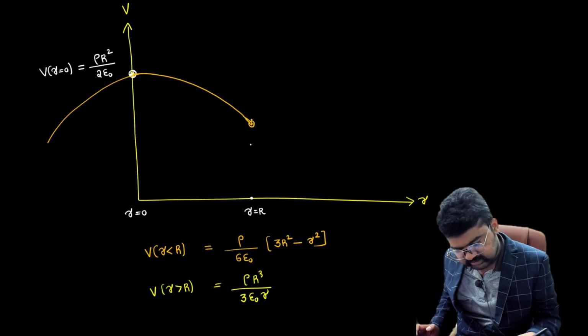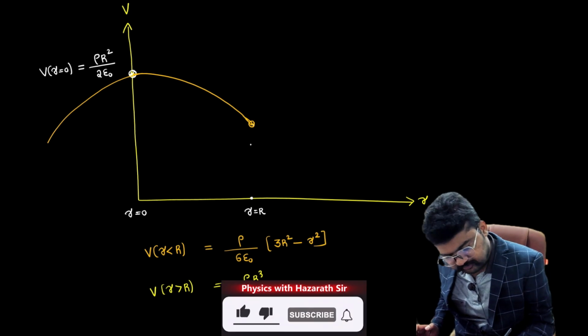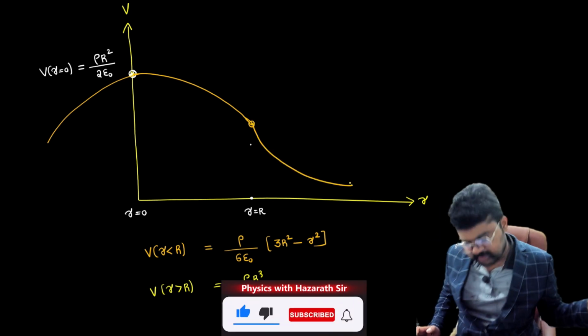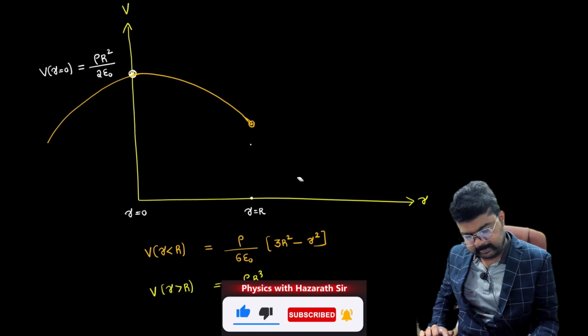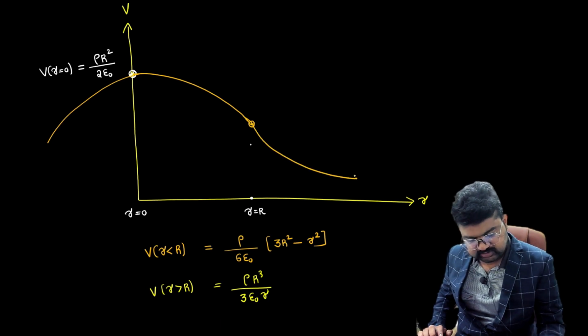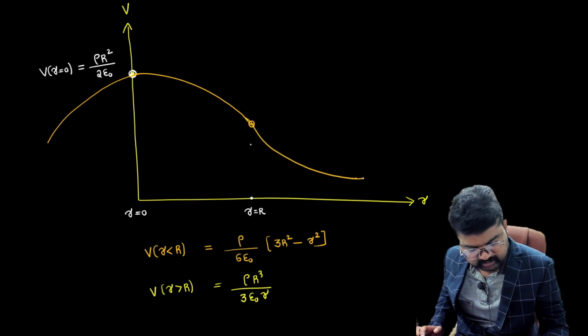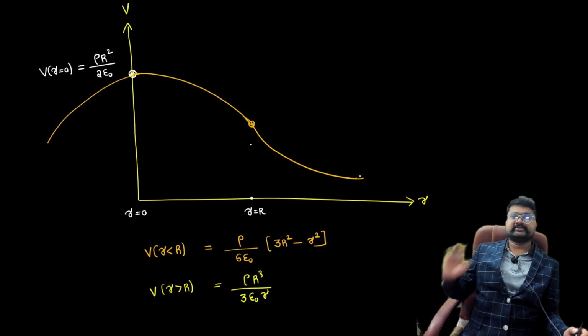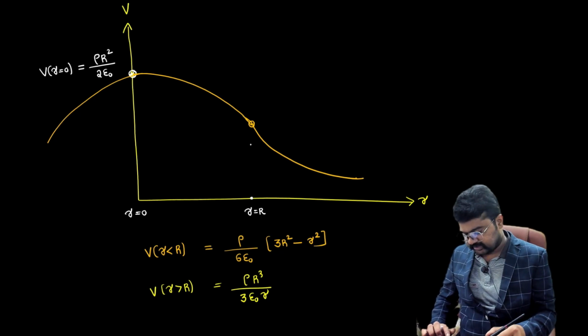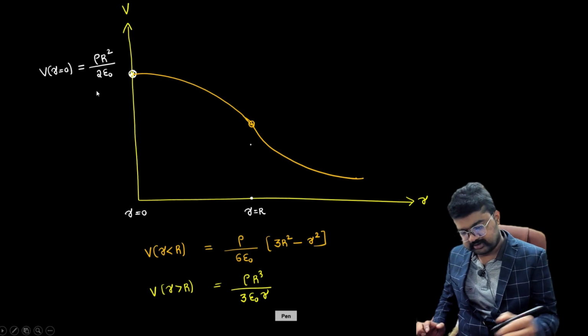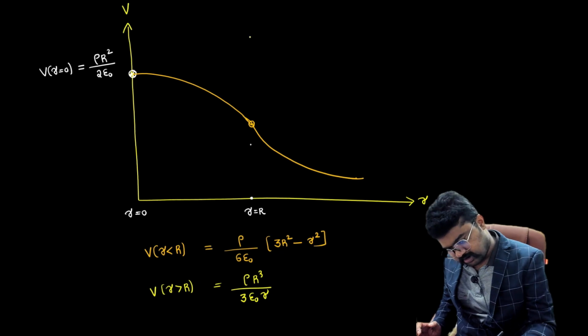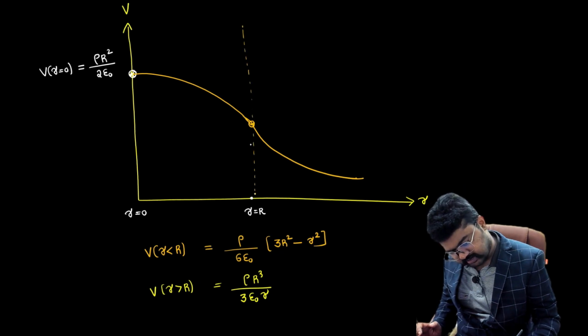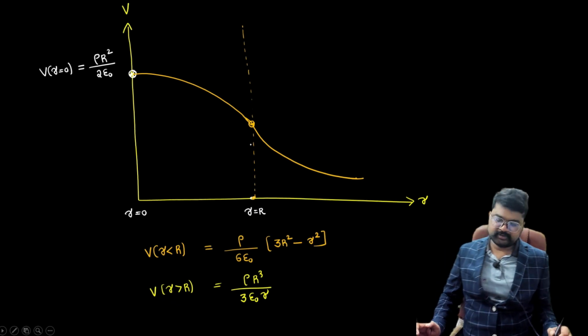After this, V of r is a rectangular hyperbola. After this would be a rectangular hyperbola. That is the logic. Understood na? Up to here parabola, and this would be rectangular hyperbola.